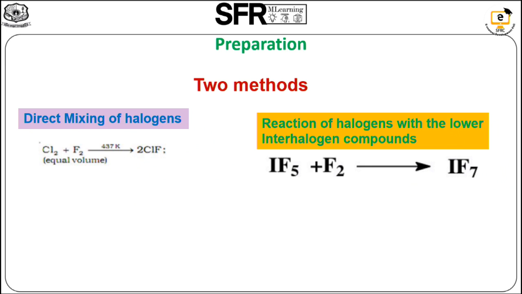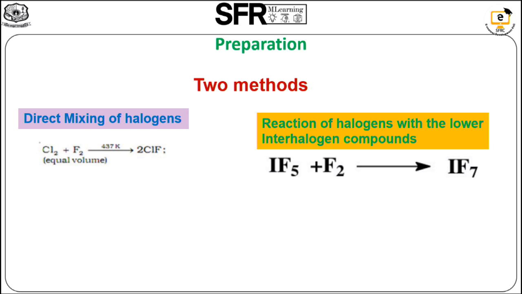What is the meaning of direct mixing? Direct mixing of halogens means we directly combine two halogen molecules. For example, chlorine Cl2 plus fluorine F2 combined at 473 Kelvin to form 2ClF3, an interhalogen compound. That is, chlorine is combined with fluorine to form this type.